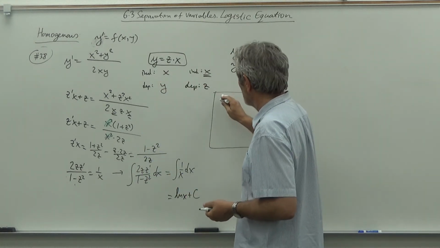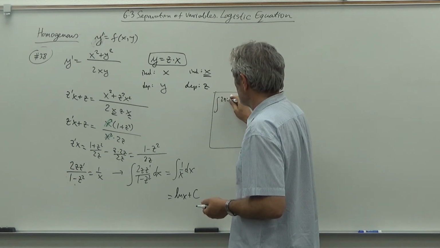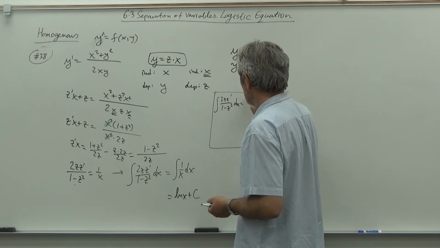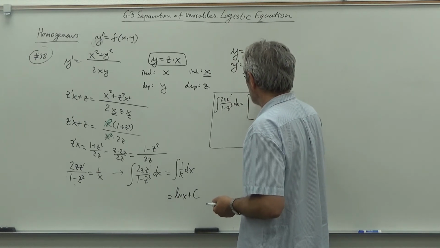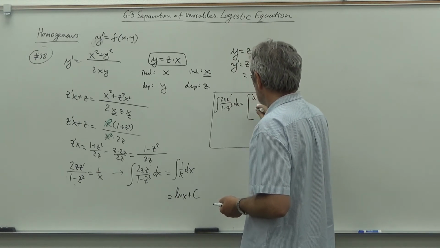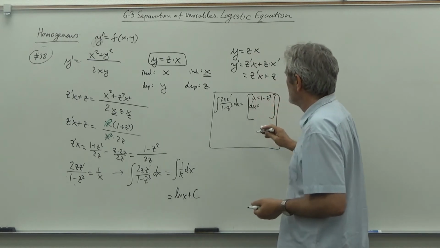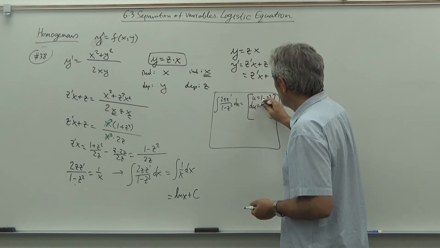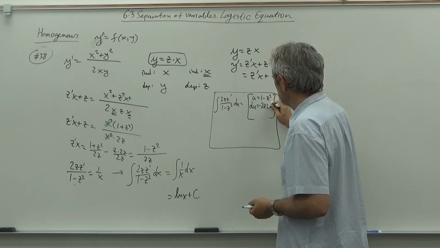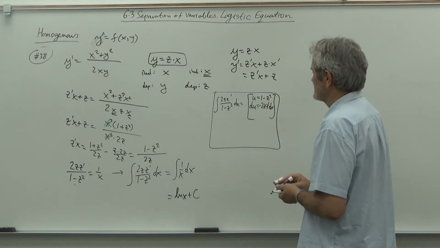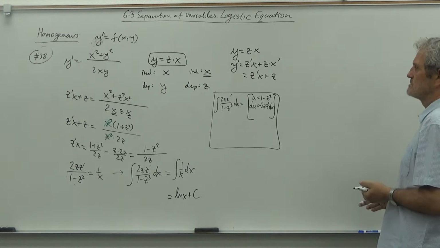Here's the box work. Integral of 2z z prime over 1 minus z squared dx equals... We'll say u equals 1 minus z squared. So du is what? Negative 2z z prime dx, because it changed.